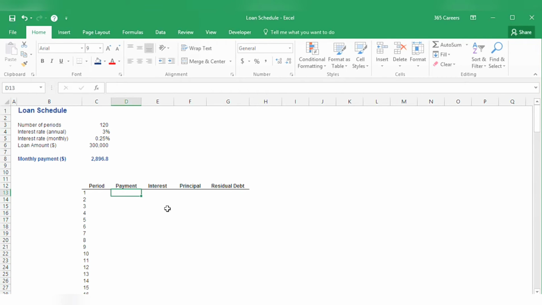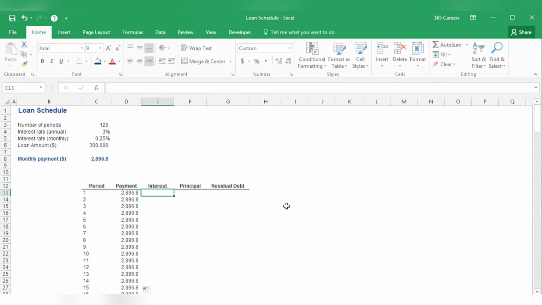We already calculated the amount of each of the fixed payments. Here it is. I'll link to the cell and then fix its reference to be able to copy it to the last row of the table. Okay, perfect. Our next task is to disaggregate this payment in 2 parts, interest and principal.